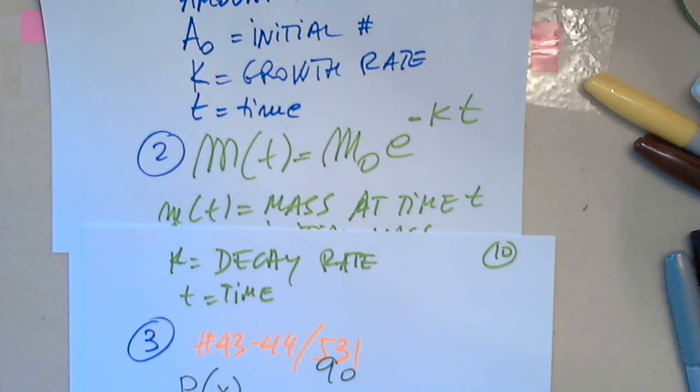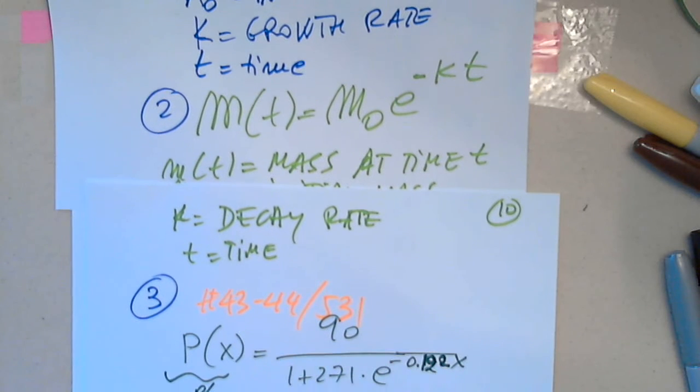P of x is the percentage of Americans who are x years old, so x is age. I take notes as I read. X years old with some coronary heart disease. Use the function to solve 43 through 46.